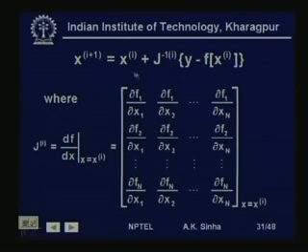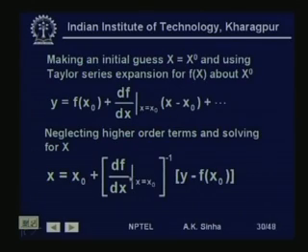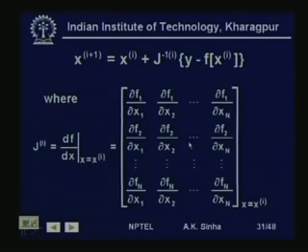So, once we have this expression in iterative form, we can write that x at I plus 1th iteration is nothing but equal to x at ith iteration plus J inverse calculated at ith iteration value, that is at x is equal to x at ith iteration, into y minus f calculated for x at ith iteration.